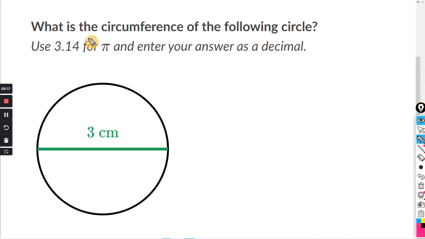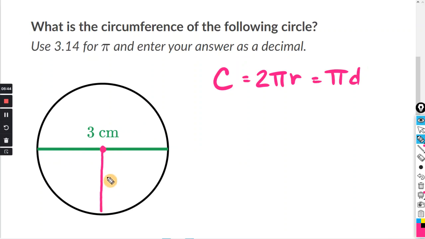One more. They want us to find the circumference of the following circle. Once again, we know that circumference is 2 times pi times r, or pi times d. r is the radius, d is the diameter. If you have a segment that starts at the center and goes to the circle itself, that's the radius, r.